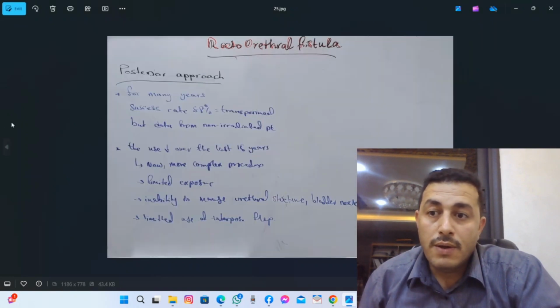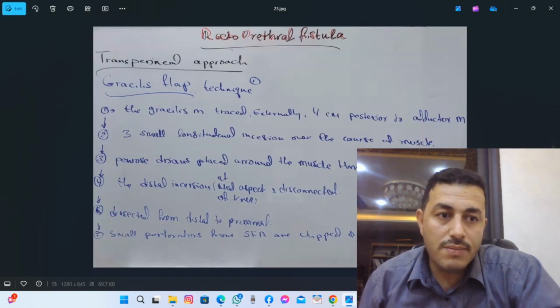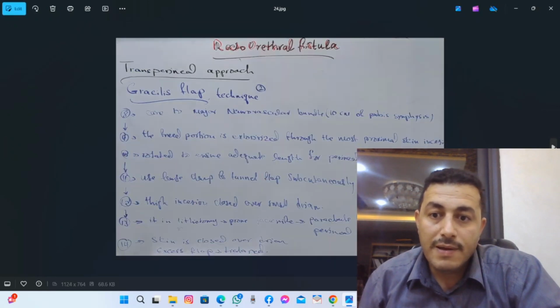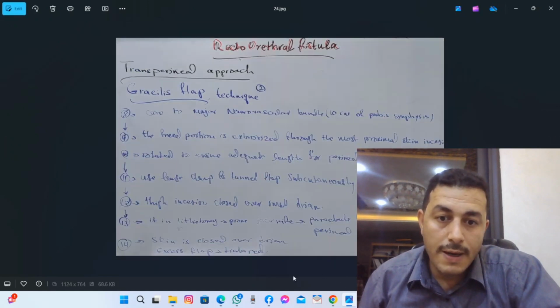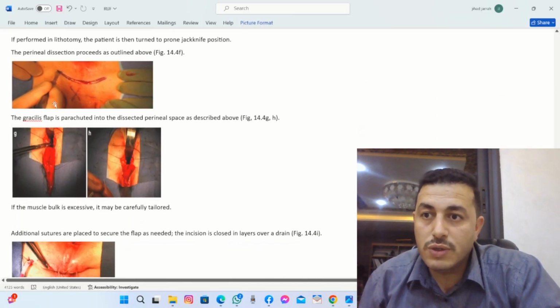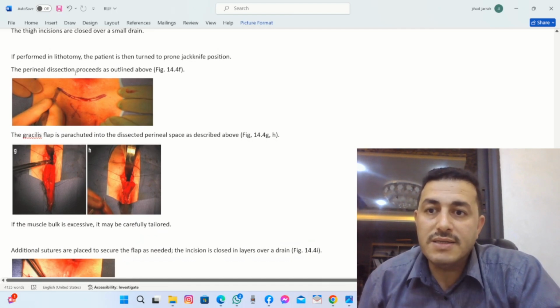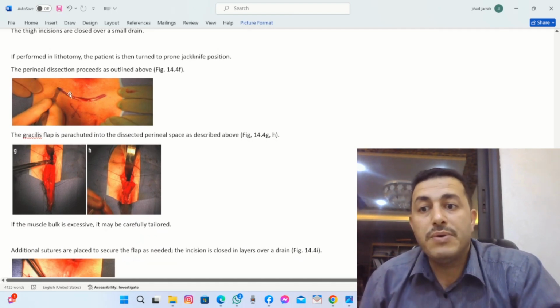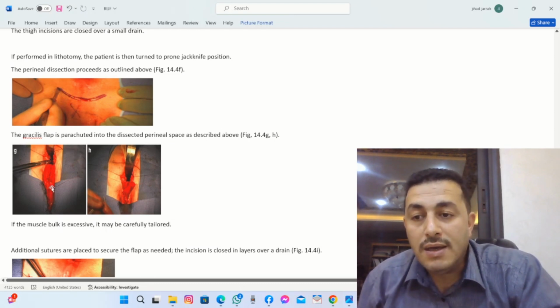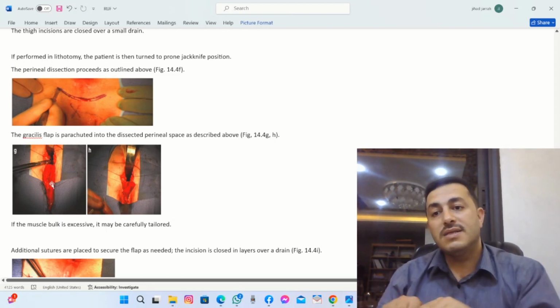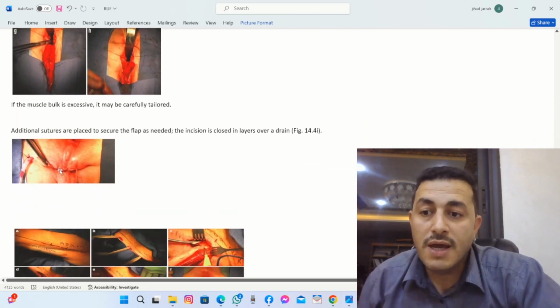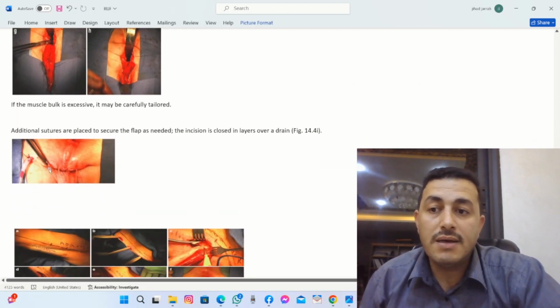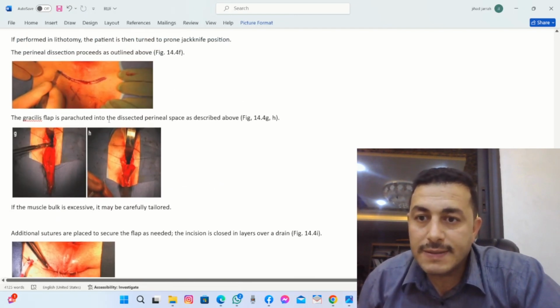I think we missed something. Here you can see the perineal dissection proceeding. We make an incision in the perineal region, insert the muscle through this incision, and close this perineal incision. I hope you get it.